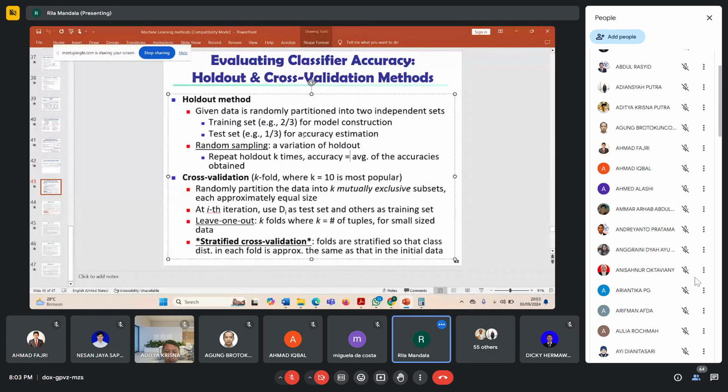So if you have 1,000 data, you divide, for example, 80% for training data, 10% for validation data, and the rest 10% for testing data.